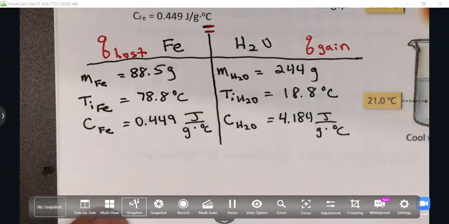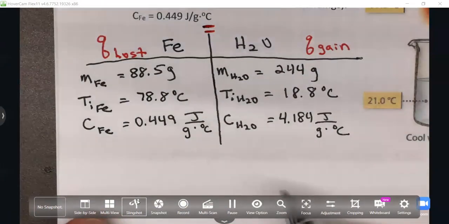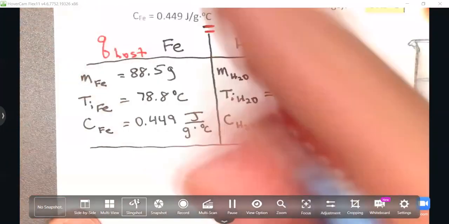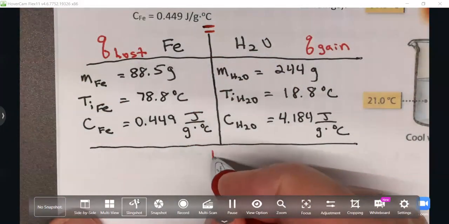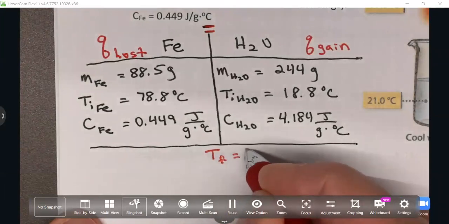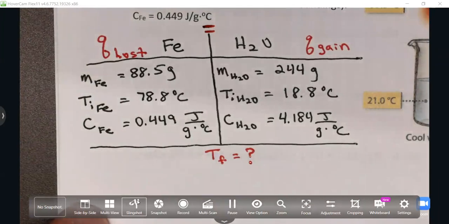But for this problem, we're looking for T final. And it is going to be the same for both, right?